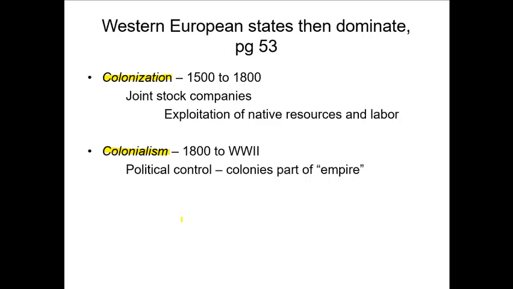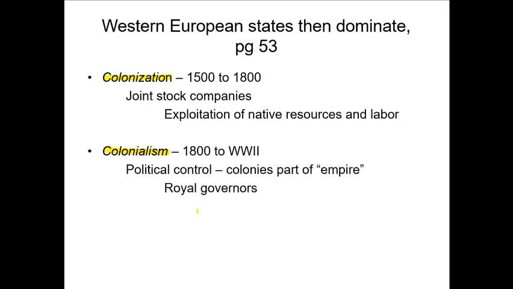So what these Western states then did, in order to shift gears and take responsibility away from these corrupt joint stock corporations, was say, let's just take control of these colonies. Let's just make them part of our empire. So therefore, the bulk of Africa and the bulk of the Middle East, much of Eastern Asia, became literally subjects of the colonial empire.